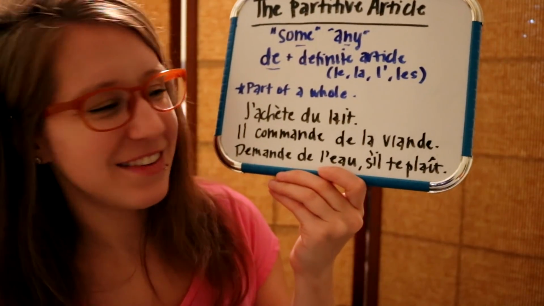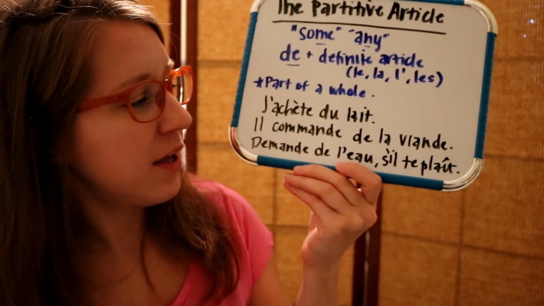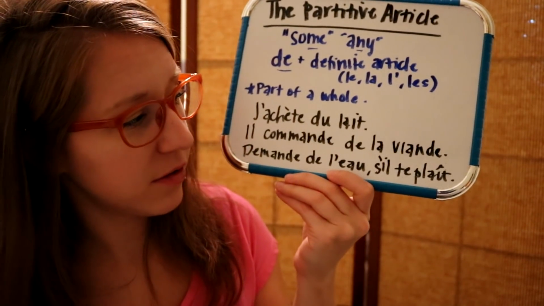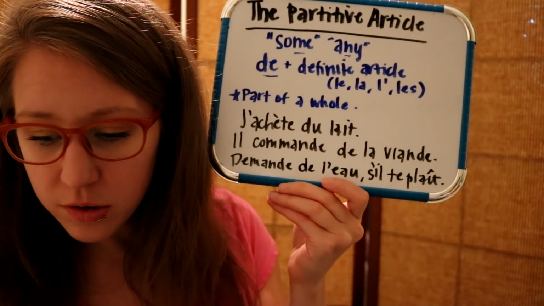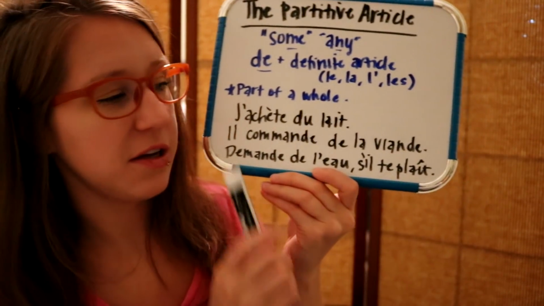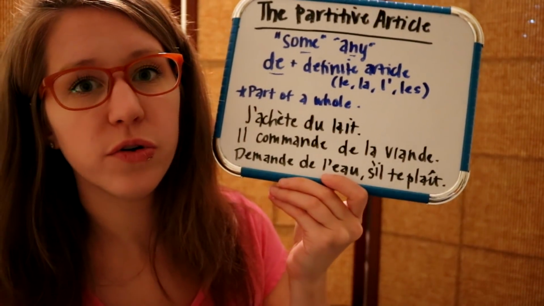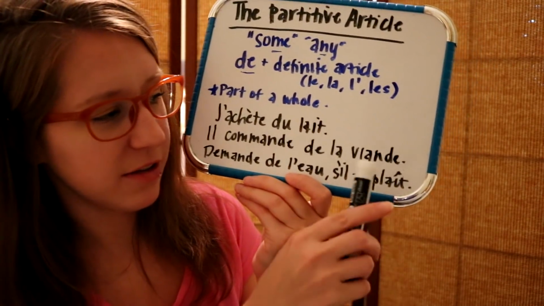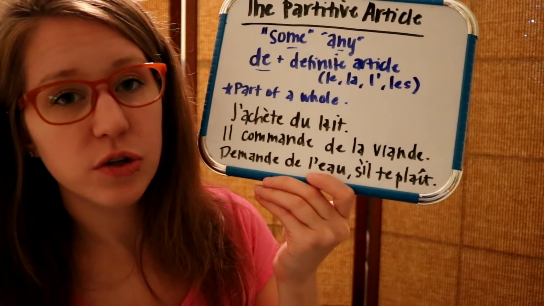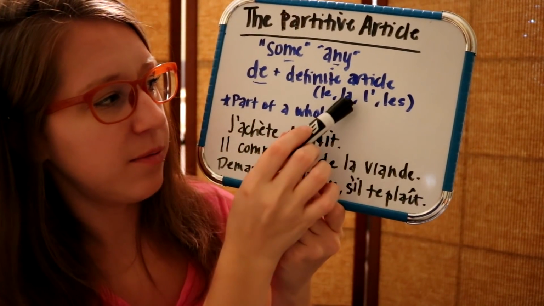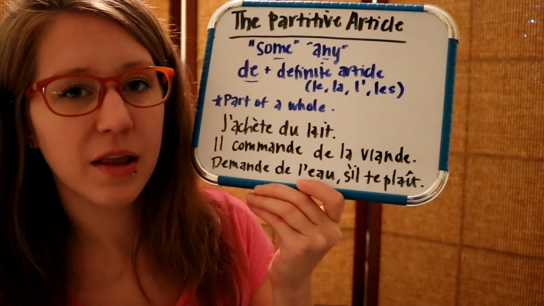In our second sentence here, we have il commande de la viande. So this is like saying he orders some meat. Viande is the meat, okay? So in this situation we have de plus la.